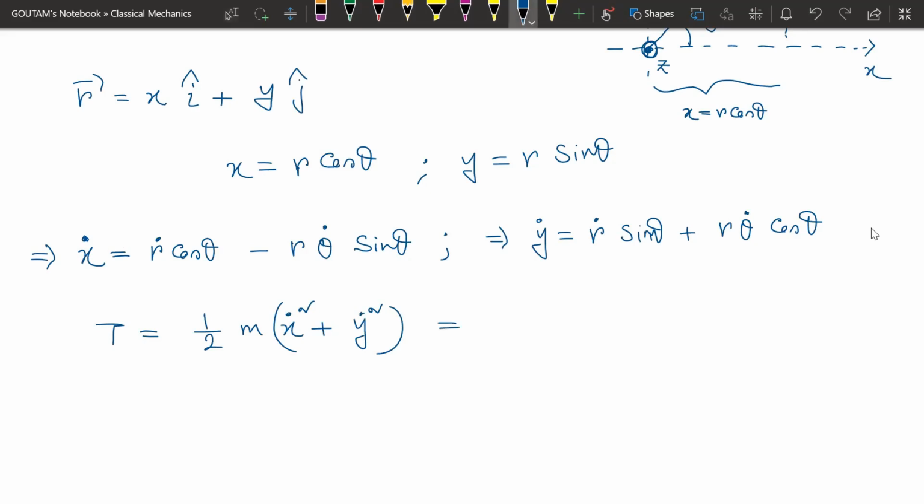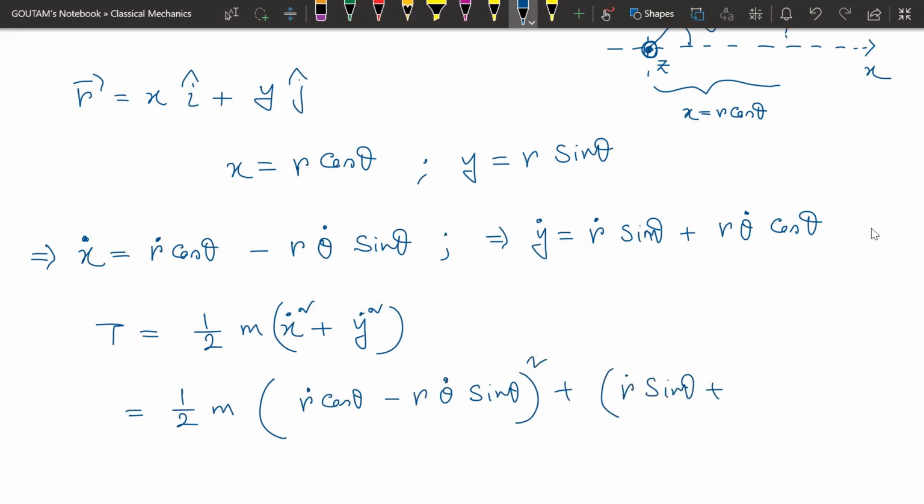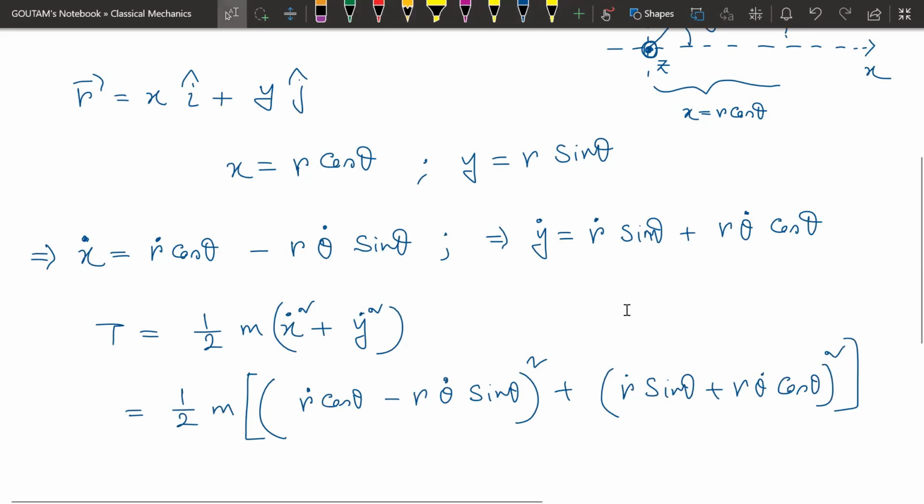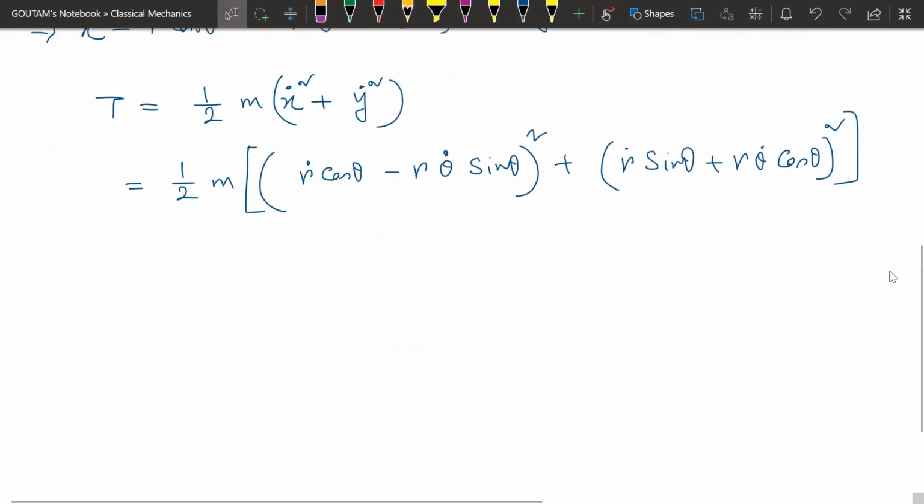So this means half m times r dot cos theta minus r theta dot sine theta, whole square, plus r dot sine theta plus r theta dot cos theta, whole square.